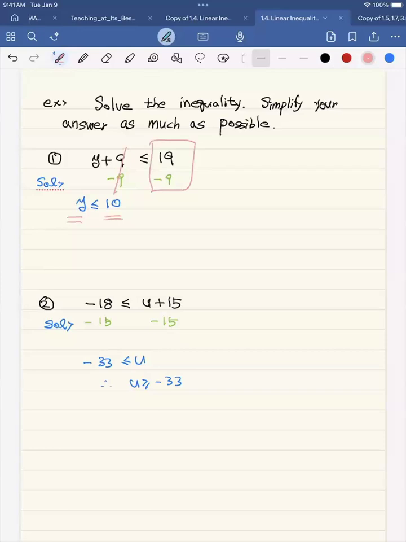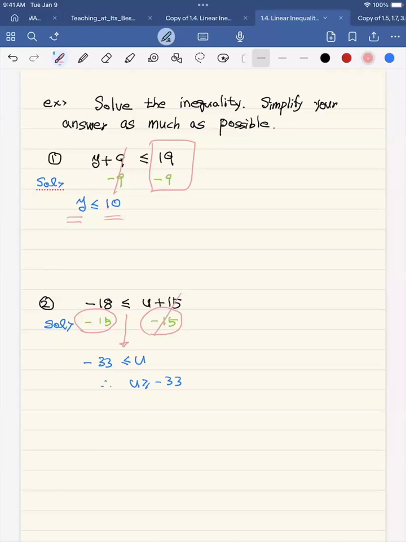In the second problem, we have -18 less than or equal to u plus 15. Our purpose will be to get u by itself on one side. So we subtract 15 on both sides. Since that's just subtracting something, we don't change the inequality direction.